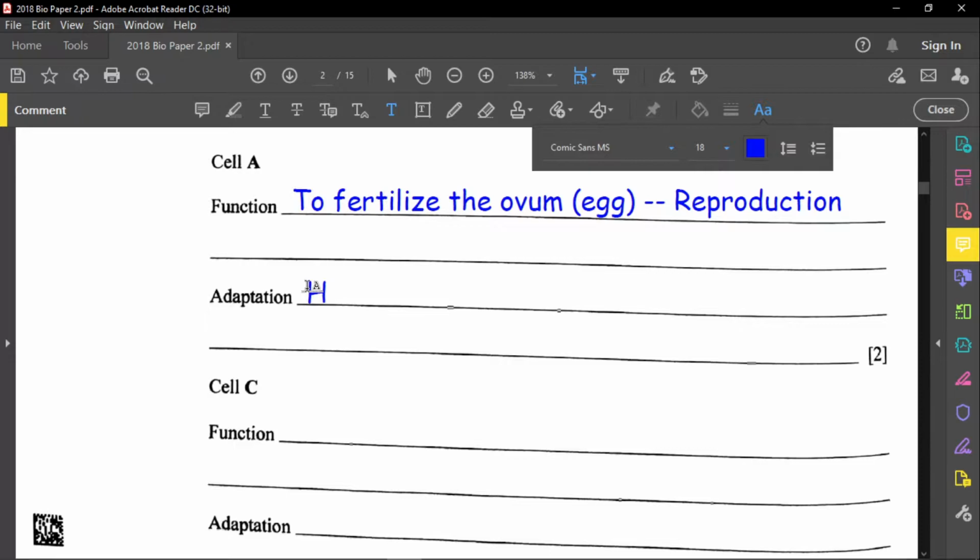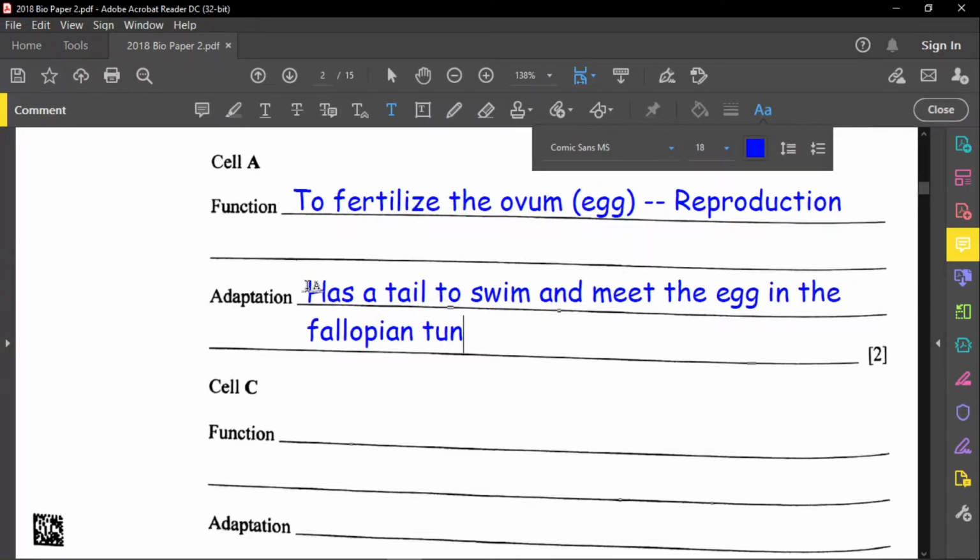So it has a tail to swim and meet the egg cell or ovum in the fallopian tube. So that's it. It has a tail to swim and meet the egg in the fallopian tube.